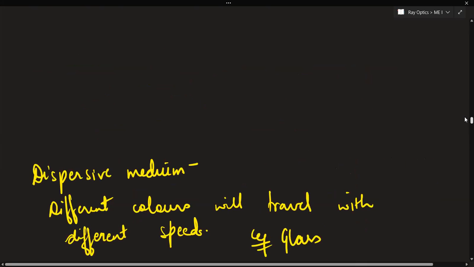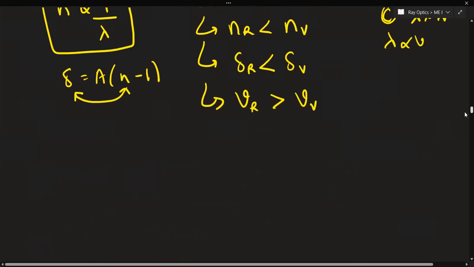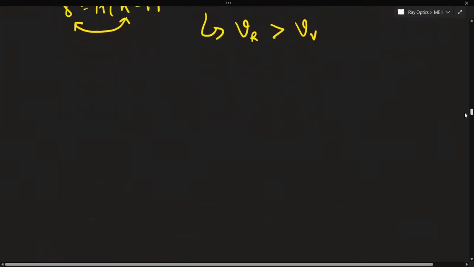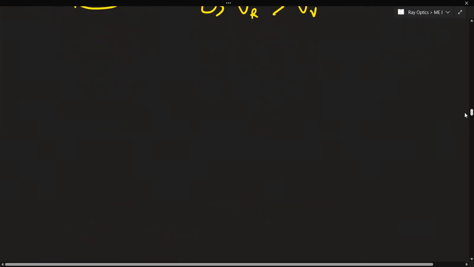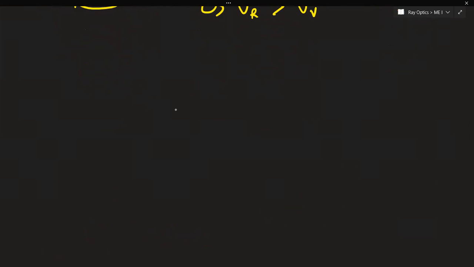Now, apart from this dispersion and dispersive medium, you have angular dispersion and you have dispersive power. These are two quantities that you just have to understand. There is a comparison between violet and red color. So see, between red and violet, there's a comparison. So you have to analyze it.